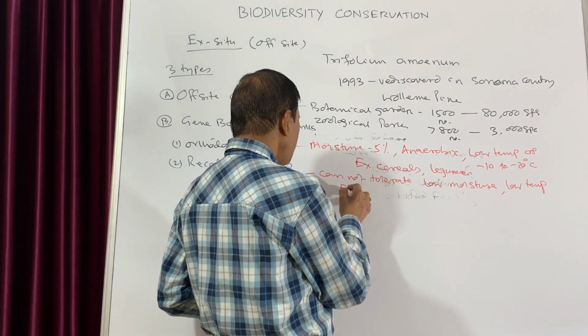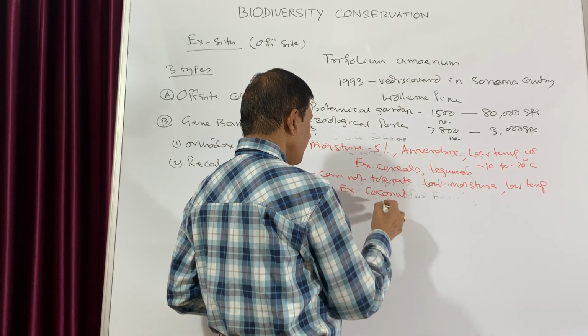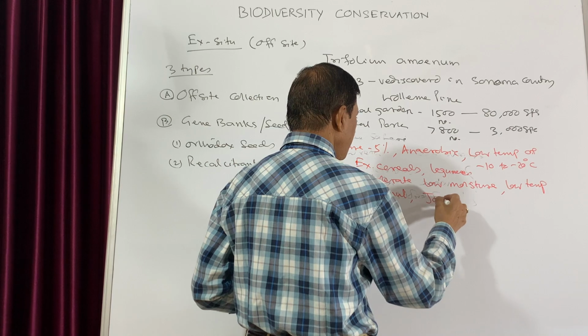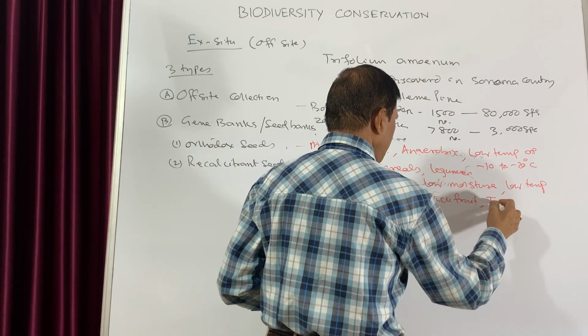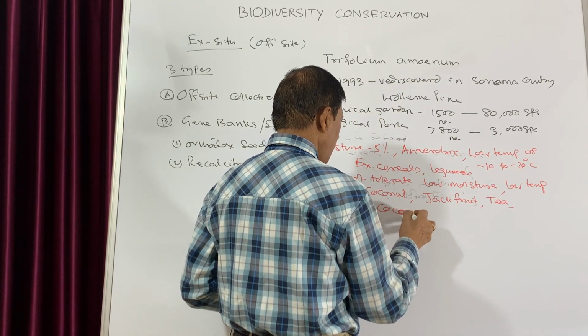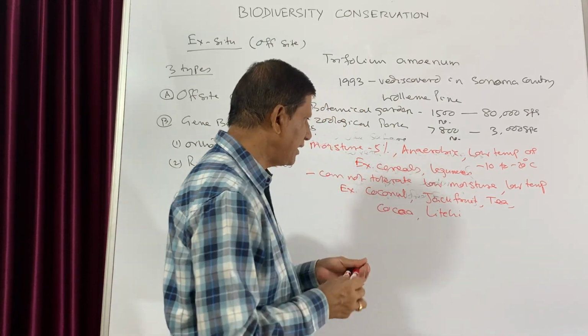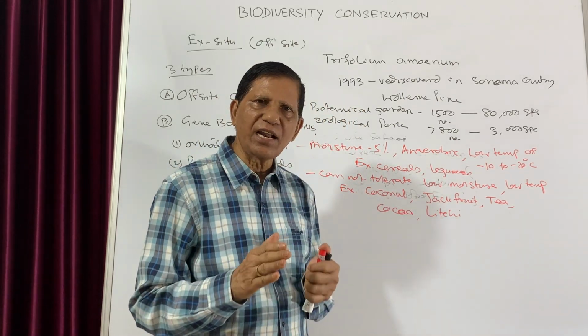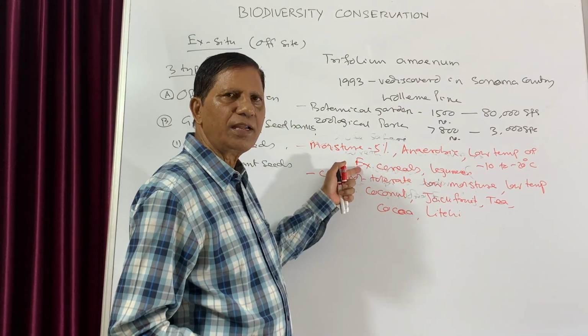Now, in this case, the common examples: one is coconut, the second is jackfruit. Then also you can take tea, cocoa, lychee. These are the different plants whose seeds cannot be conserved at a low temperature like this.